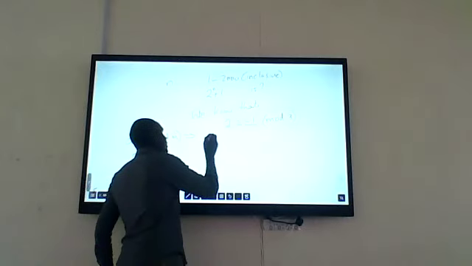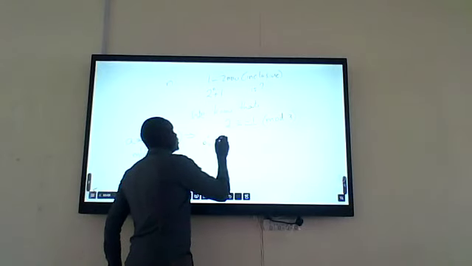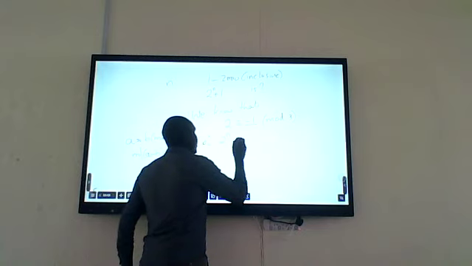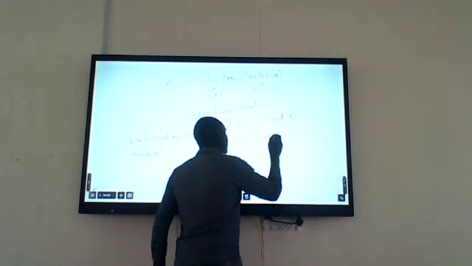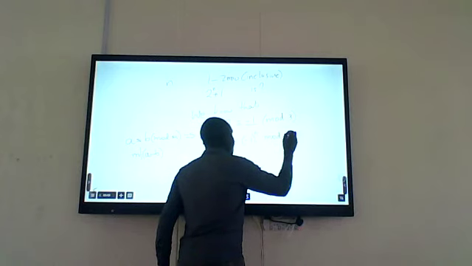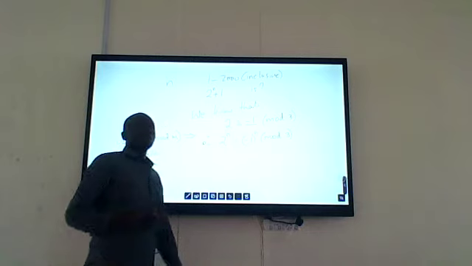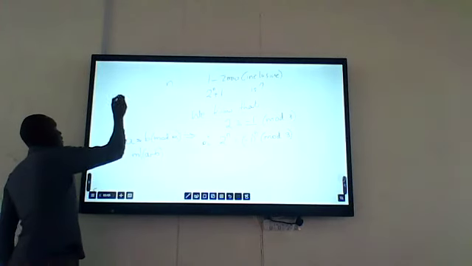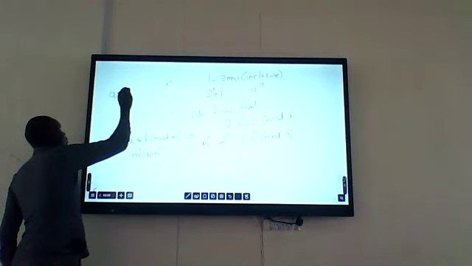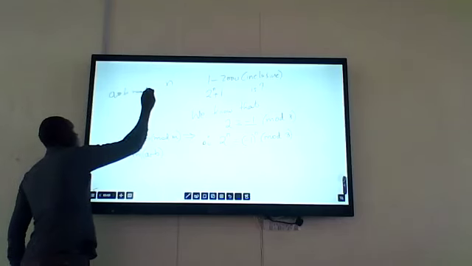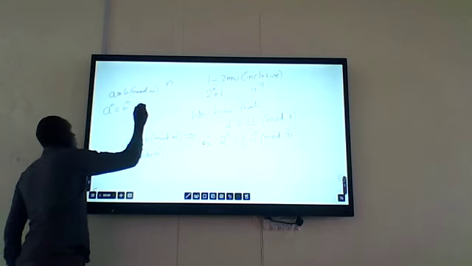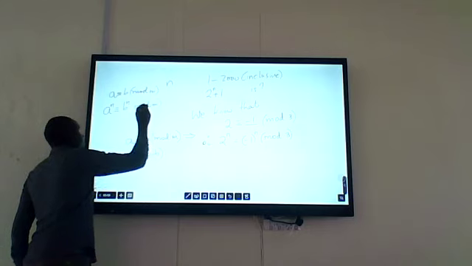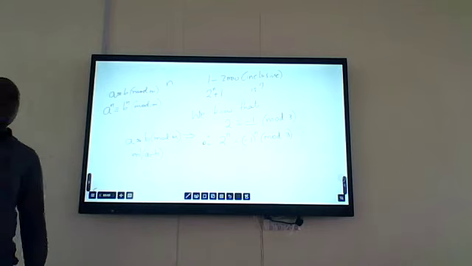Therefore, 2 power n is the same as (-1) power n mod 3. So we are using this property that if A is congruent to B mod M, then A power n is congruent to B power n mod M. So this is a property I'm borrowing.